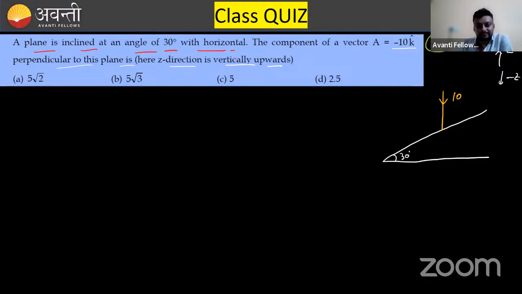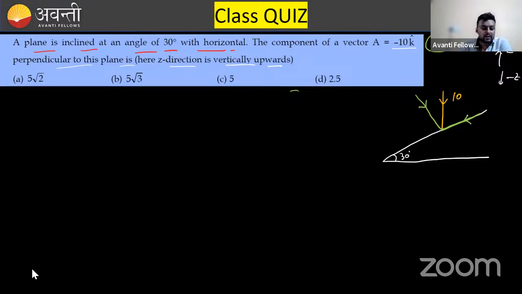Now coming back. I hope everybody remembers the components thing. So there will be two components. One will be perpendicular to this surface, to this inclined plane, that will be something like that. And another will be along the surface, that will be something like that. And these two components will be something like this one and this one.